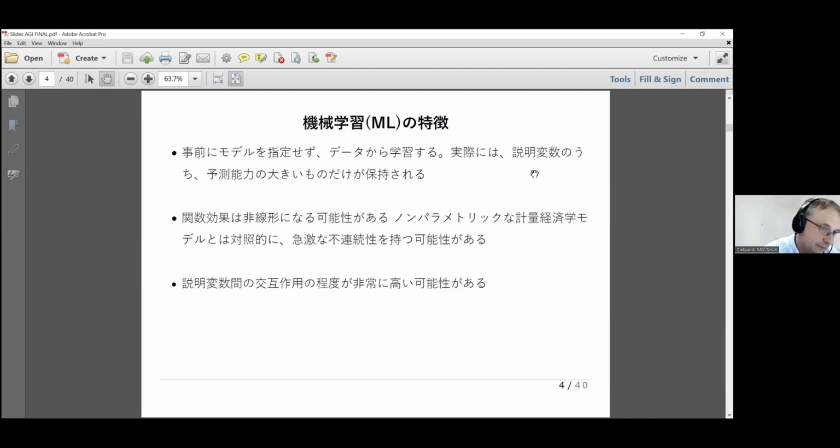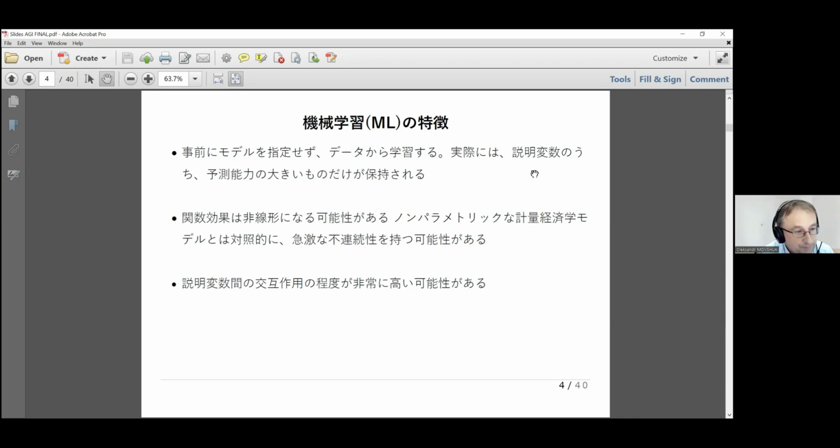We may start with 100 explanatory variables, or say 50, but the eventual model with the best predictive ability may include something like 10 or 15 variables, and the rest are completely ignored. This is done completely endogenously without any initial specification of what kind of model we want to estimate.